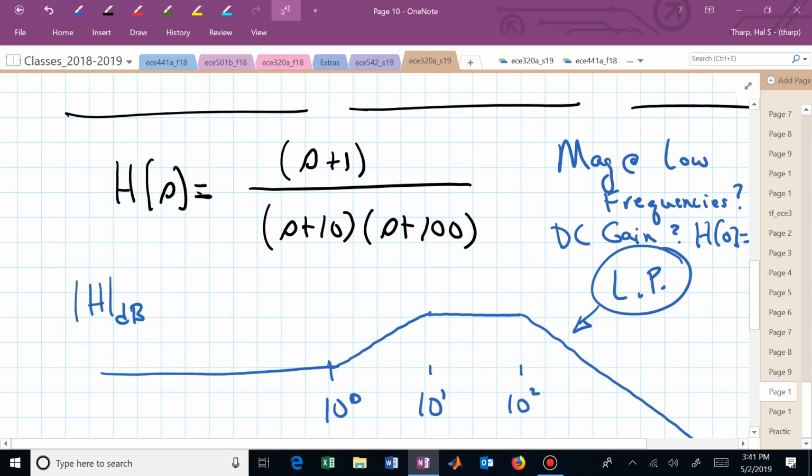If you had to sketch the whole thing, yes, you would need to know where am I starting, minus 60 dB. But in this case, I might be just asking, what's the frequency characteristic of this particular transfer function? And now you're saying, okay, well, it's low pass. It favors a particular frequency interval between 1 and 1,000.